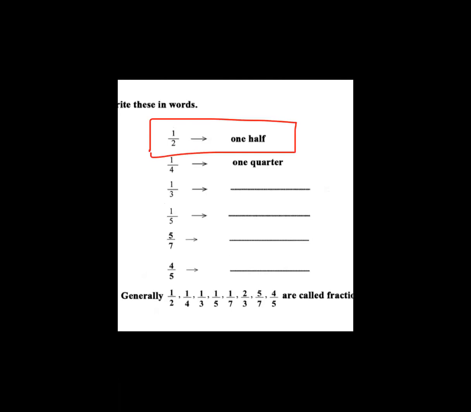Then 1 over 4 means we say a quarter, or 1 quarter. Then 3 over 4 means how can we say? 3 over 4 means 3 quarters.